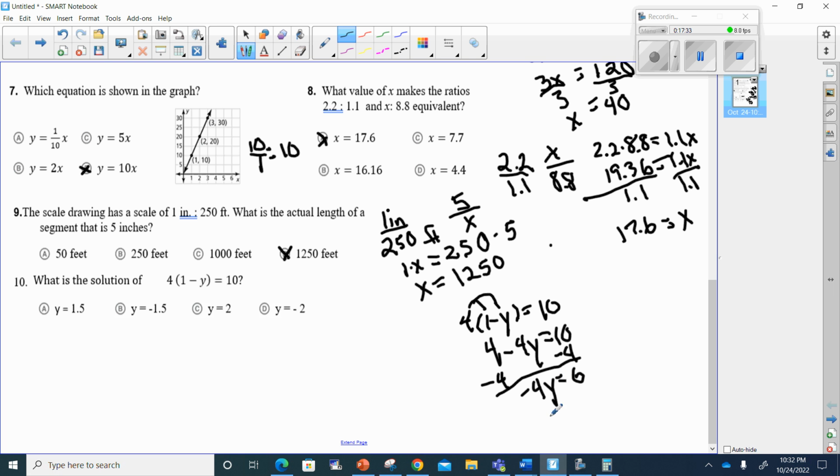All right, now I'm going to divide by negative 4 because I want to isolate y by itself. Whatever I do to one side, I do to the other. So I have 6 divided by negative 4. That's a positive divided by a negative, which is going to give me a negative answer. And 6 divided by 4, well, really that's 6 over 4. I know 4 goes into 6 one time, leaving me with 2/4. And 2/4 can be reduced.